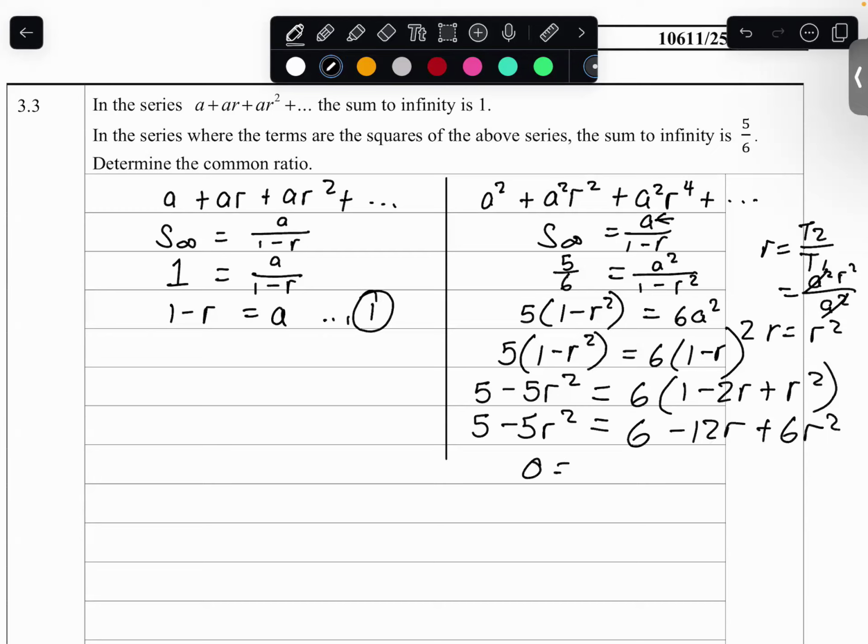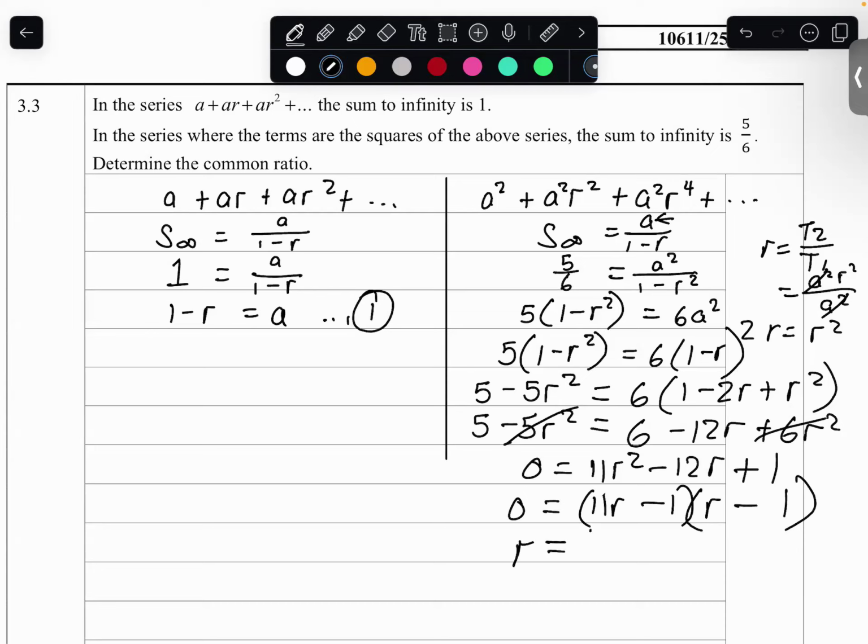Right. Take everything over. So 6R squared plus 5R squared gives me 11R squared on this side. That's gone. Then we have minus 12R. 6 minus 5. Take this positive 5 over. It's going to give you a negative 5. So that's plus 1. And then you're going to factorize this. Sorry, that's 11R and R. That's 1 and 1. Minus and minus.